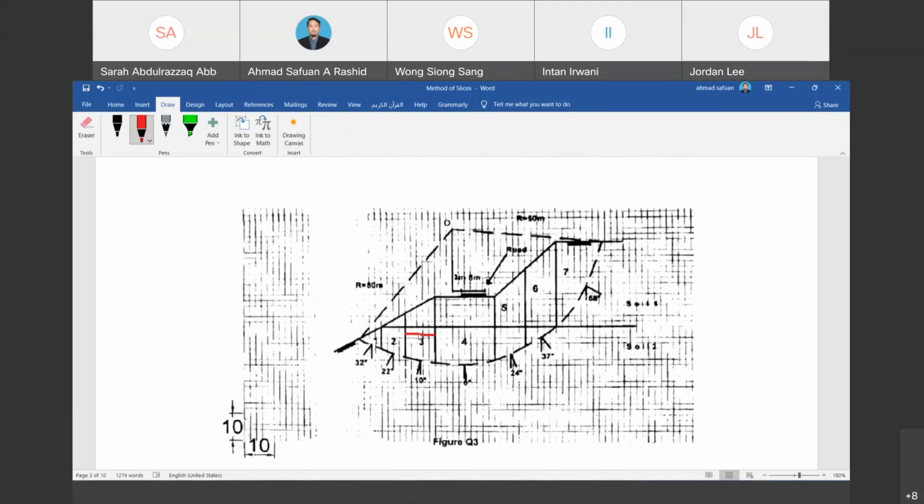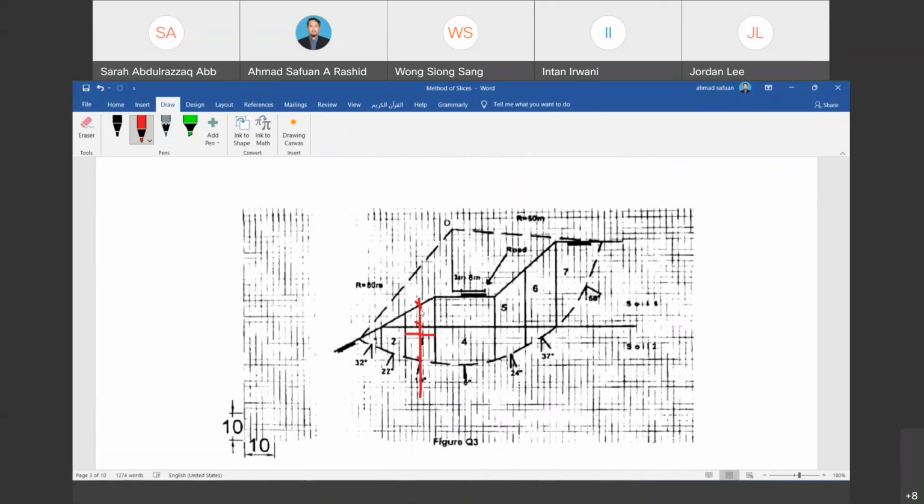Then when we divide 10 by 2, it becomes 5. Then we need to draw a vertical center line. Then we may determine the height for the first soil and the height for the second soil.